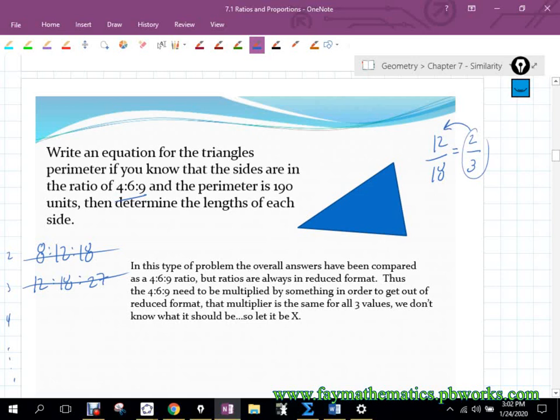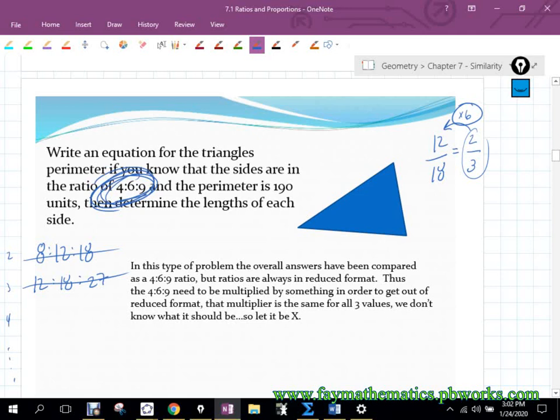Here you divided both by 6, right? So when I multiply by 6? So these are the reduced versions. 4, 6, and 9 are like the 2/3. And I want to unreduce them. So unreducing means they've got to multiply, right? Now here, I knew I needed to multiply by 6. Here, I don't know what I'm multiplying.